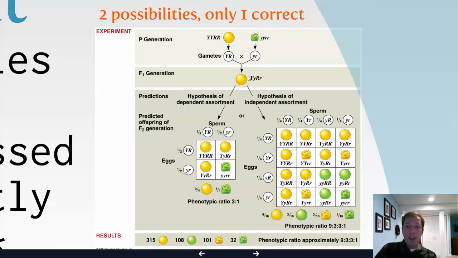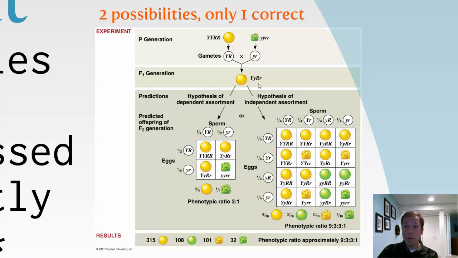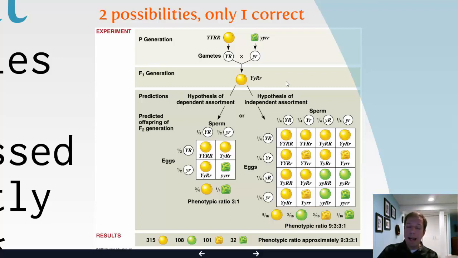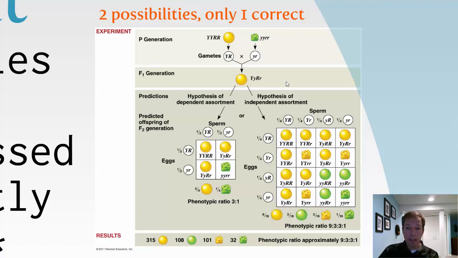So when this individual produces gametes, those gametes can have either the dominant or recessive allele for either of those two traits, because those genes are located on two different chromosomes that line up and segregate independently of each other, based on the law of independent assortment.